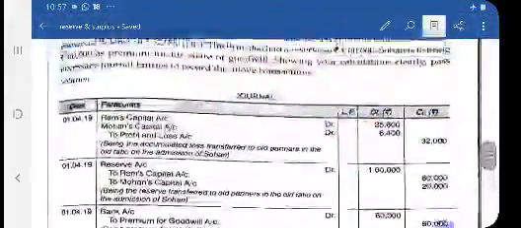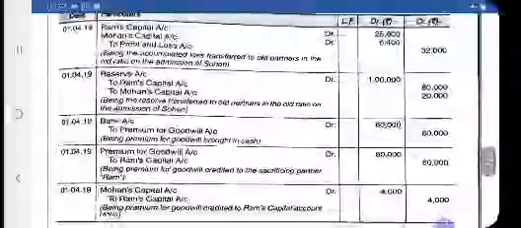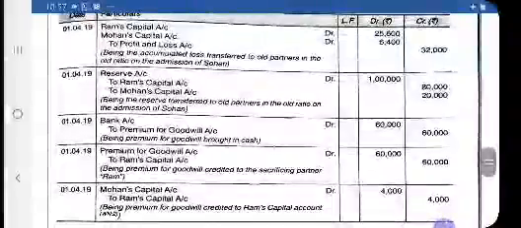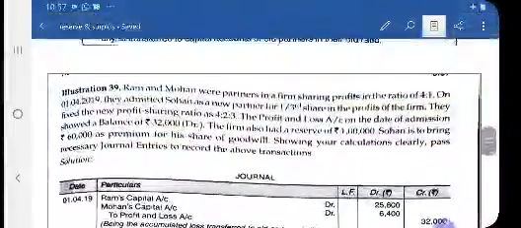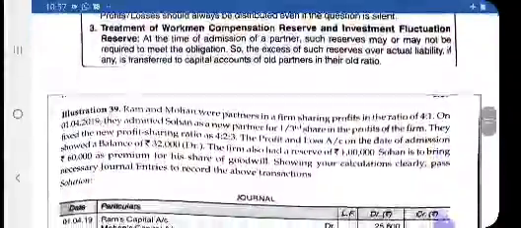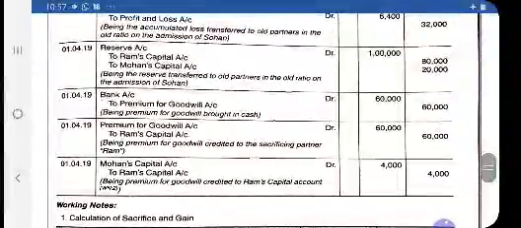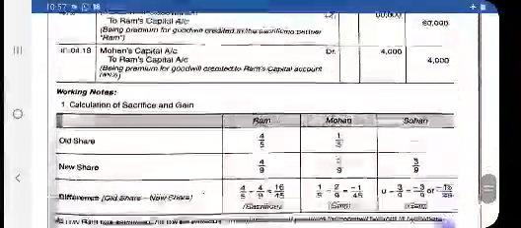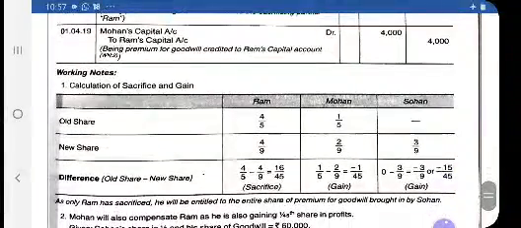So these are the various possible cases, and based on these cases you may get a question in your board exam also. So you must be very clear about this topic, about the calculation, about this concept of gaining and sacrificing.